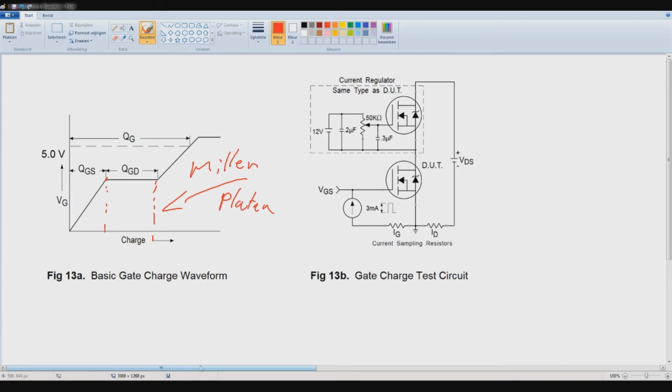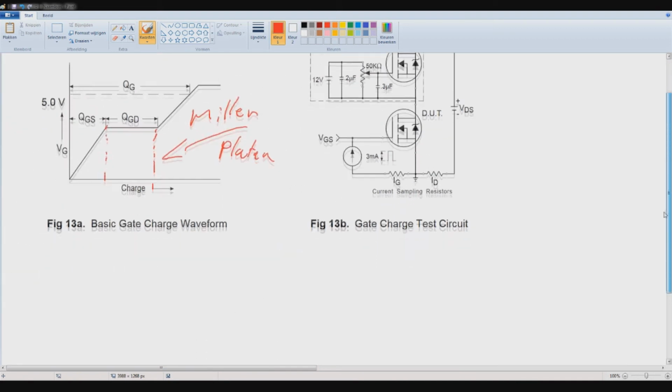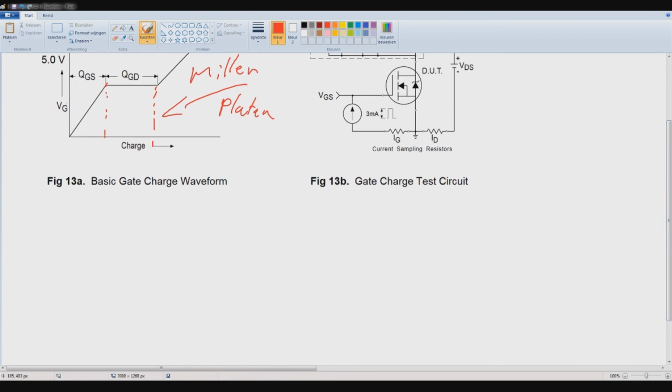So as we can see over here, here's a little plateau, which is called the Miller plateau. And as we saw before, the gate to source, or well, the gate voltage looked linear like this. But as you can see, there's a little plateau over here, so this would be a better representation of, oh well, if I can draw it right.